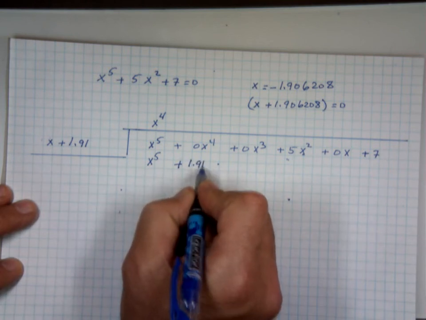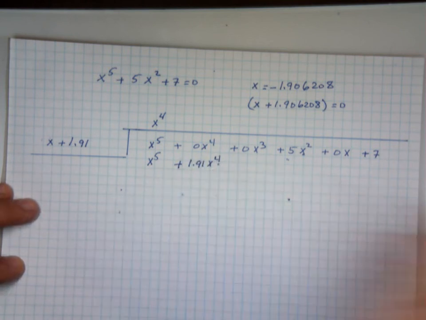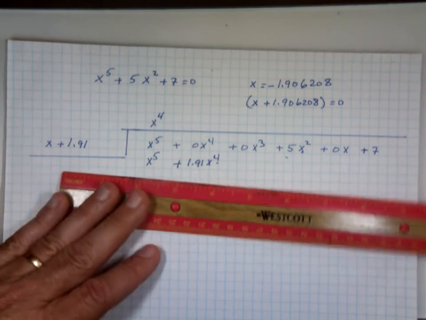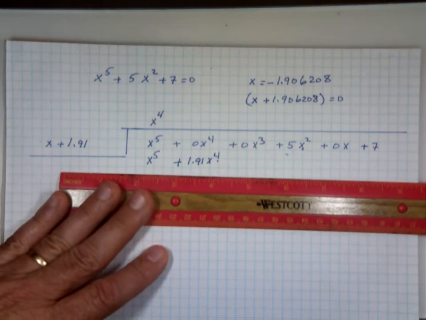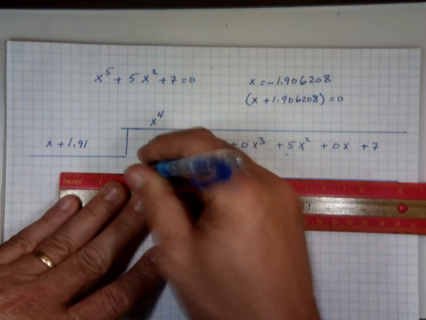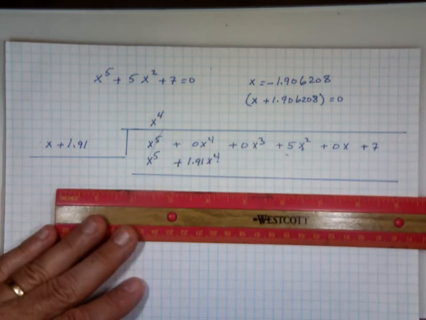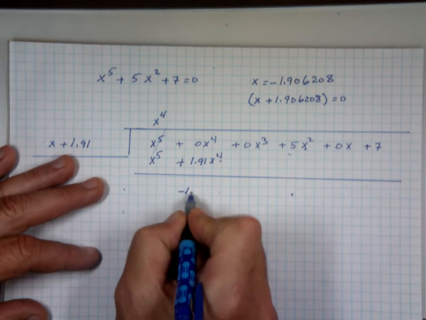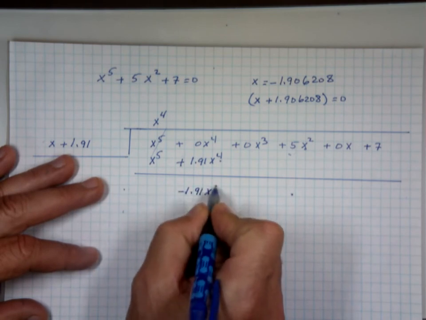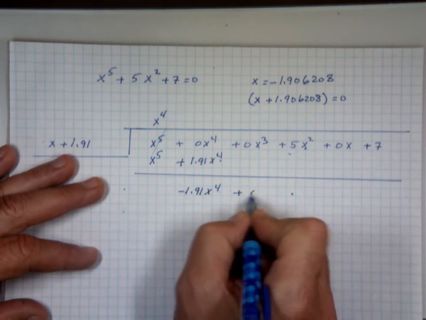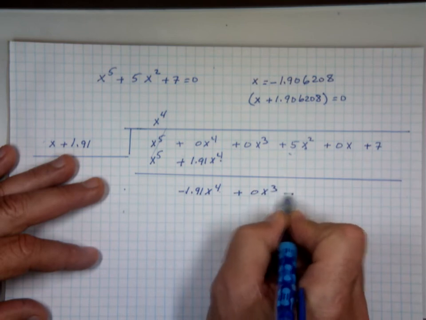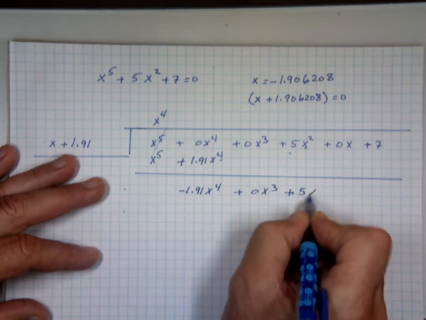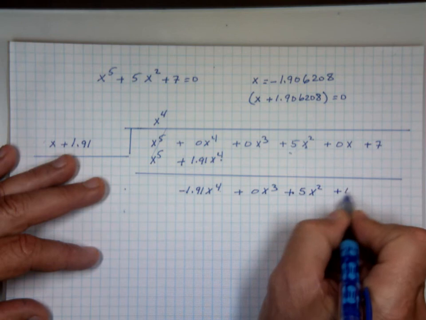Now you subtract these two. When you subtract, this is gone. 0 minus that, so you end up with negative 1.91 x to the fourth plus 0x to the third plus 5x squared plus 0x plus the 7.